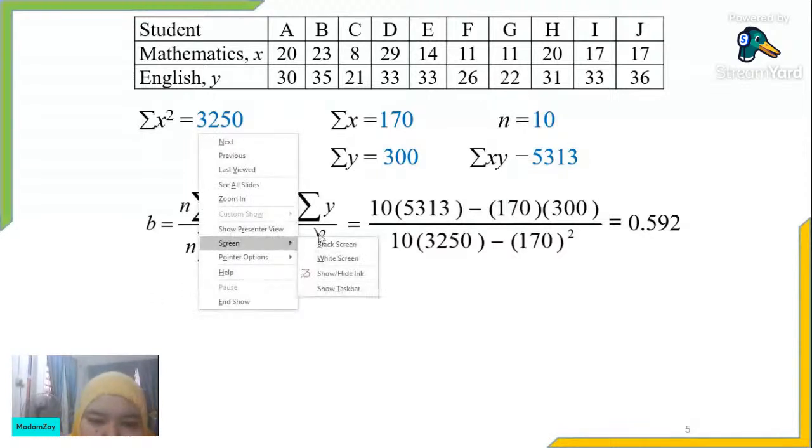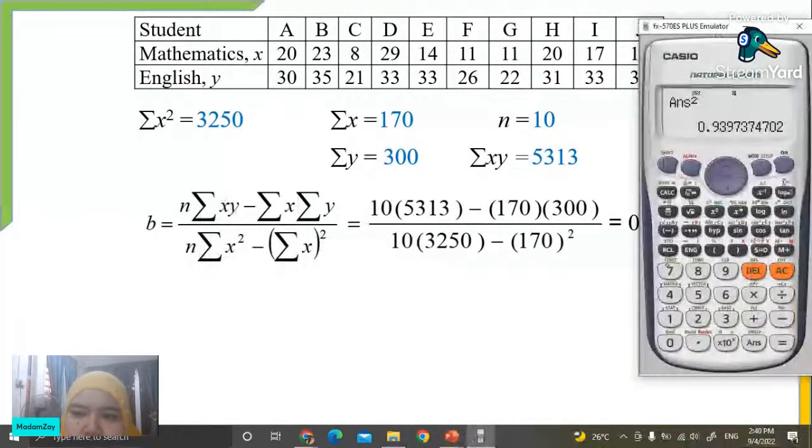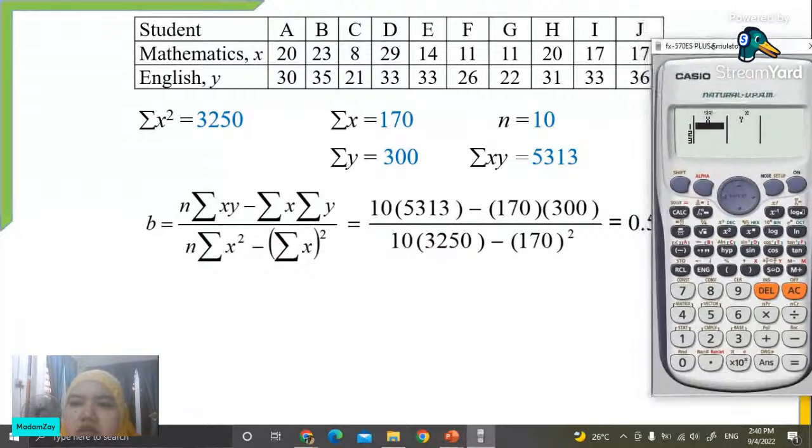Let's see how we use the calculator. If we substitute the values, shift 3, 2. So put in the values. What is our value?